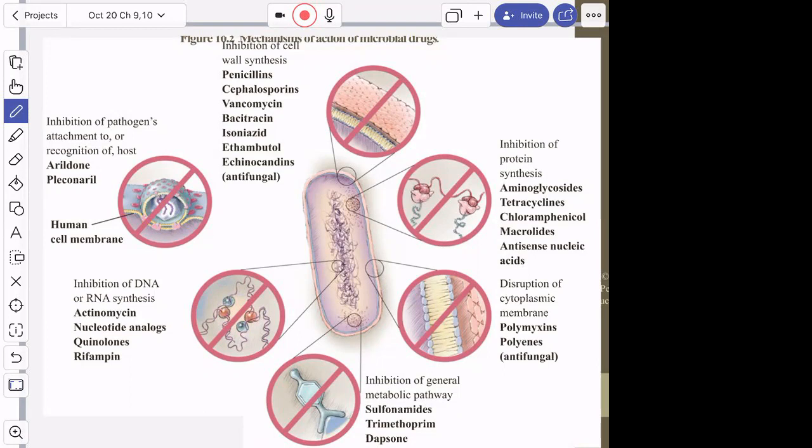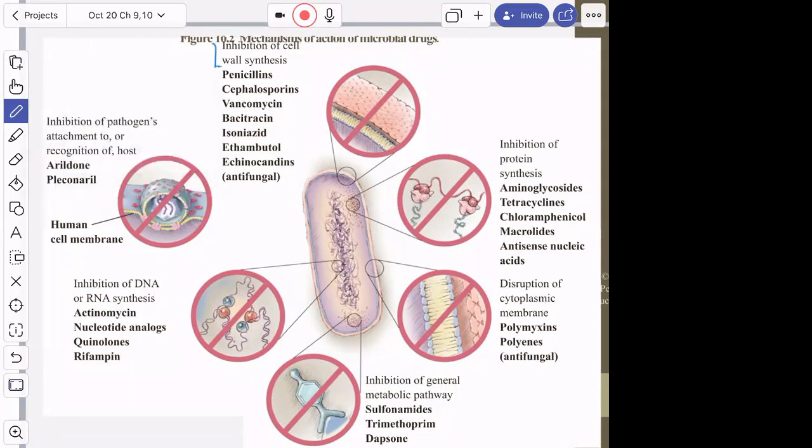So I've got the old one up here still, but it's pretty similar. So if we look at mechanisms of action, this is really what we're going to spend the most time on. If you know anything about the specific antibiotics we talk about, you're going to want to know how they work, their mechanism of action.